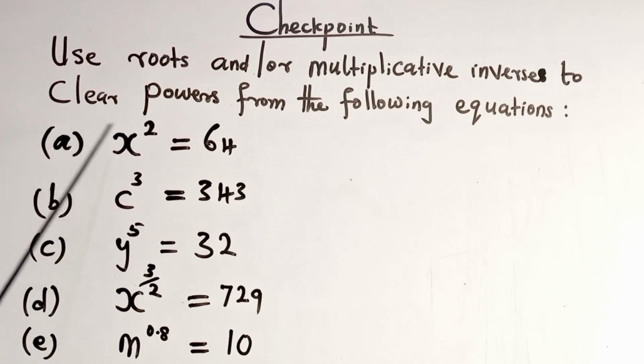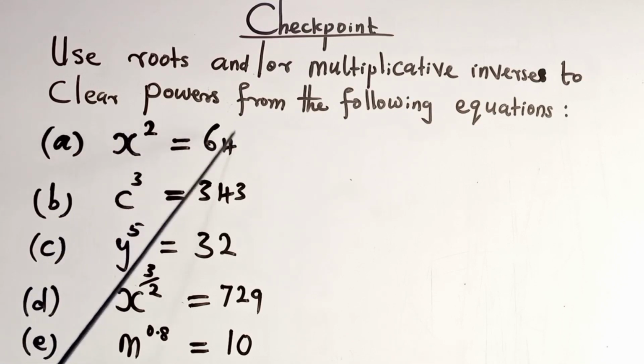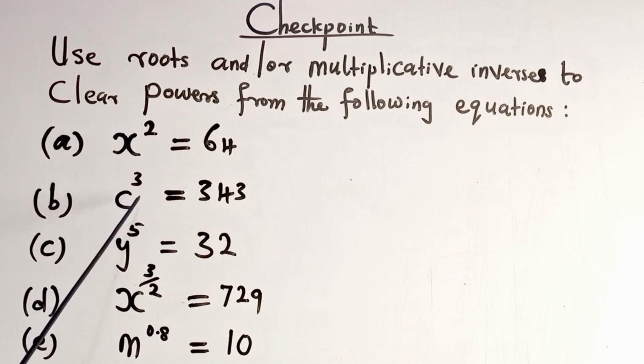It's okay, we have x to the power 2 is equal to 64. Clear this power and make it power 1. C to the power 3 is equal to 343. That's number B. Clear the power of this C and make it C to the power 1. Then number C says y to the power 5 is equal to 32. Make power 5 become power 1. The next is x to the power 3 over 2 is equal to 729.